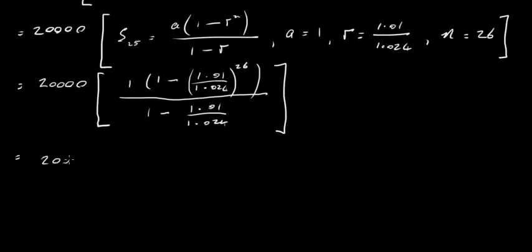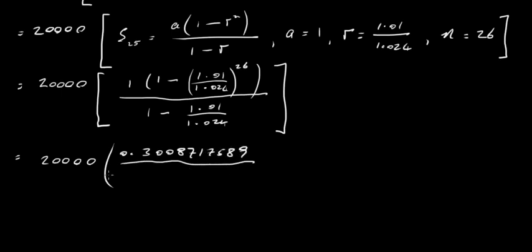But I've worked out the top line here is 0.3008717589. That's going to be divided by 0.01366718, 75.